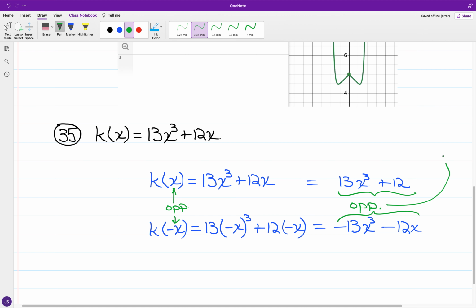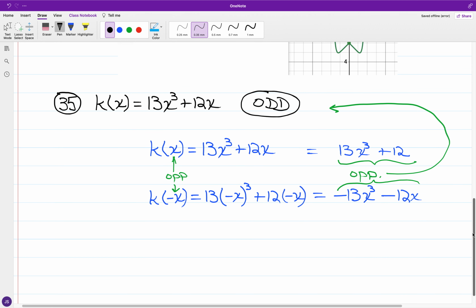And so in this case we're going to have k of x turn out to be an odd function. And again, an odd function is a function where for additive inverse inputs the output terms will unanimously be of opposite sign value.